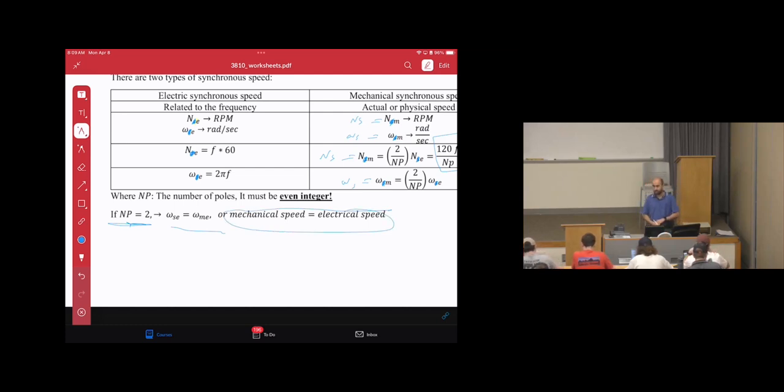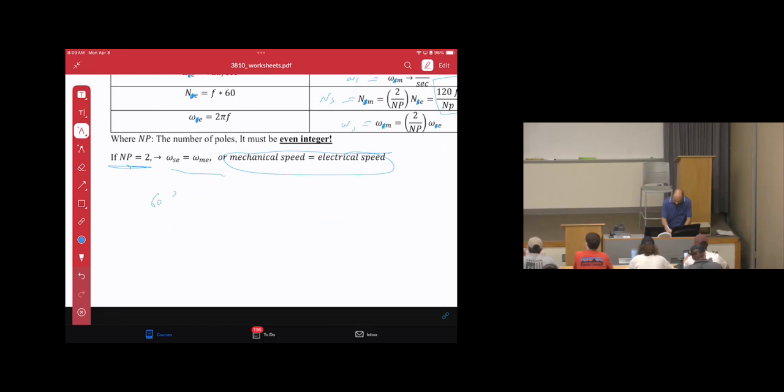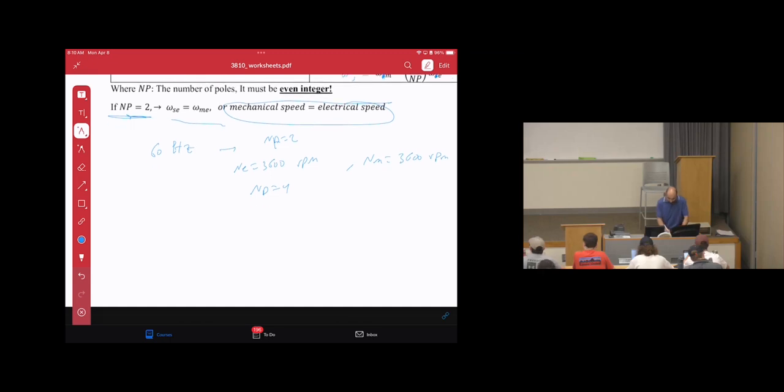This is the only case. You can recall from last lecture about the synchronous generator, we said that if the number of poles equals 2, in order to get a 60 Hertz frequency, we need to have 3,600 RPM electrical and 3,600 RPM mechanical. But when the number of poles equals 4, the electrical will be the same, 3,600, no change.